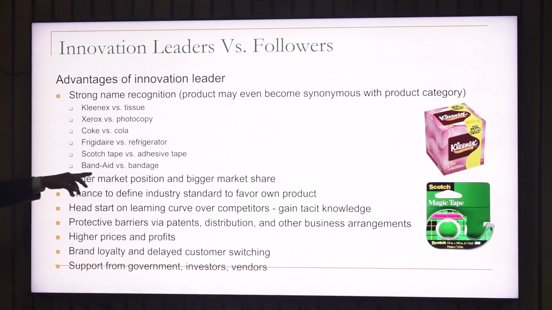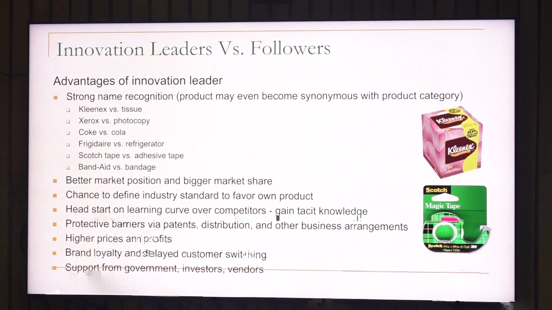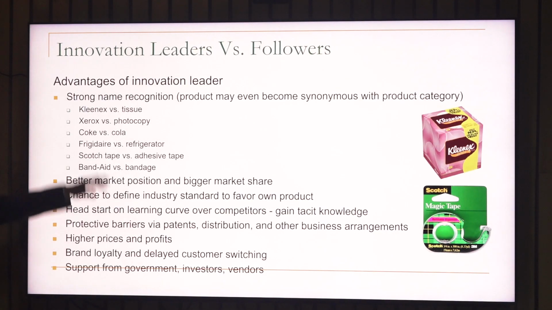These are the names. We say refrigerator, it is a name. We say washing powder, we say Surf. Surf is a company's name, but Surf is synonymous with washing powder. So you see, strong name recognition if you are a dominant player. Better market, chance to define industry standard, just like Sony.